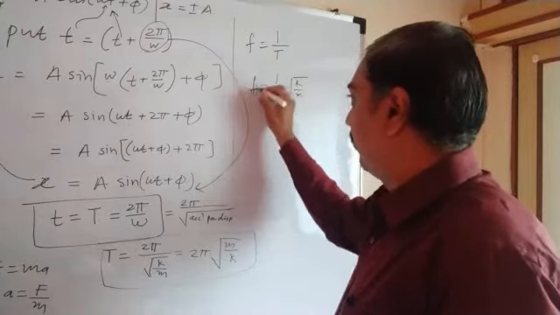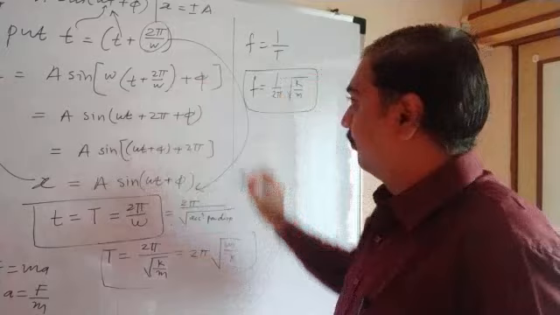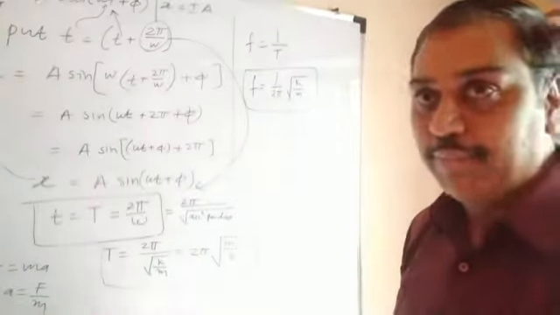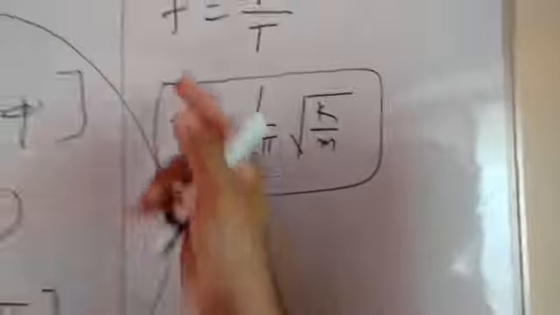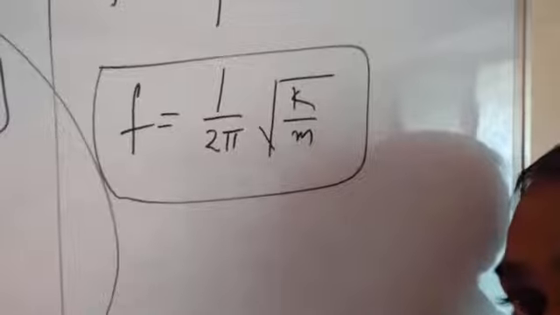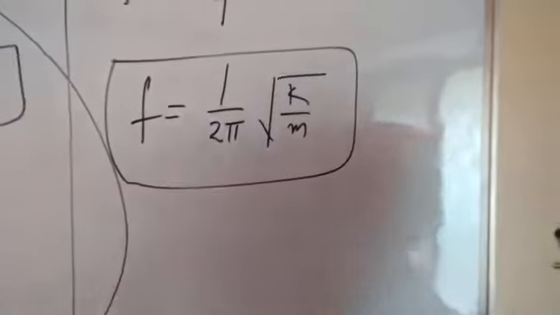That is nothing but the frequency of SHM, the oscillations the particle performs per unit time. Just put the value of T from this to here, and we get F equal to 1 divided by 2 pi square root of k by m.